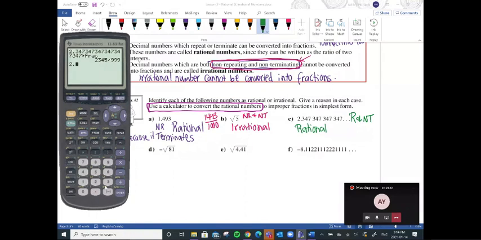So let's just play around with this, 347. If I tried to change this into a fraction, because it's terminating, the calculator might try to change it into a fraction for me, and sometimes it might not.